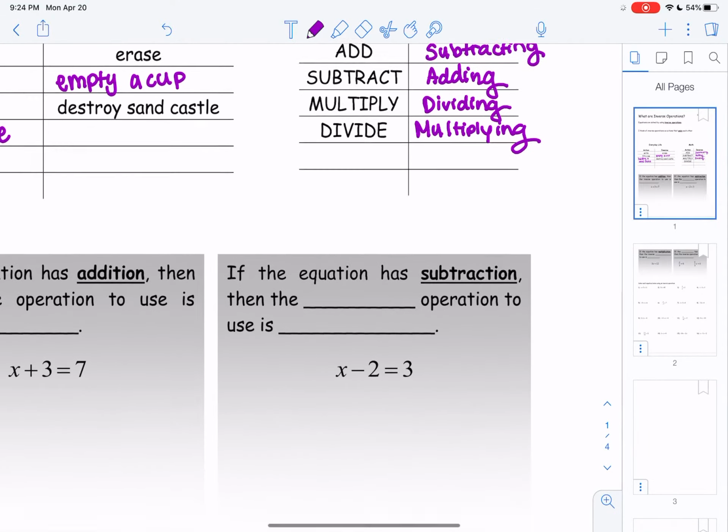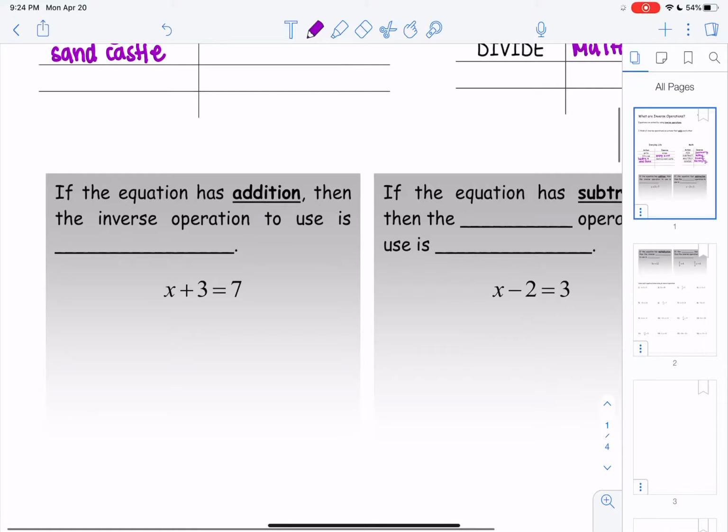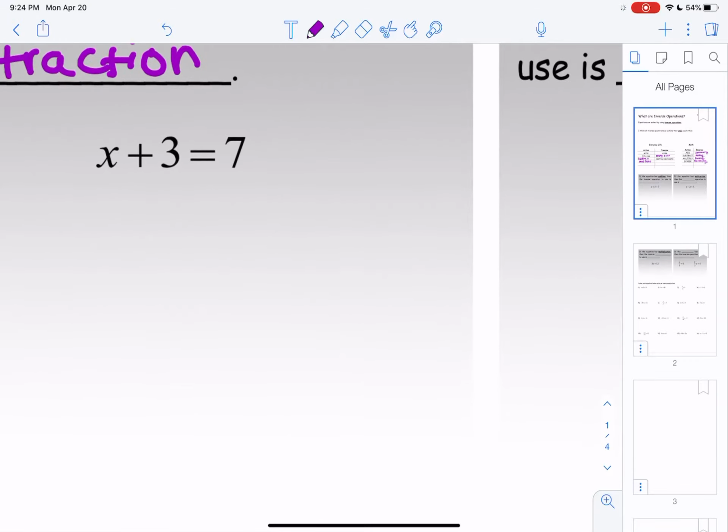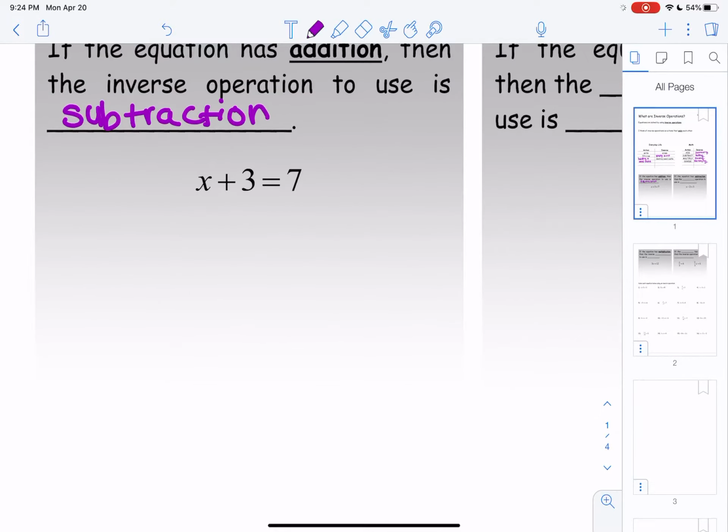Okay, let's go ahead and see these things in action. If the equation has addition, then the inverse operation to use is subtraction. Here I have x plus 3 equals 7. I'm going to use a line to divide the left side and the right side.